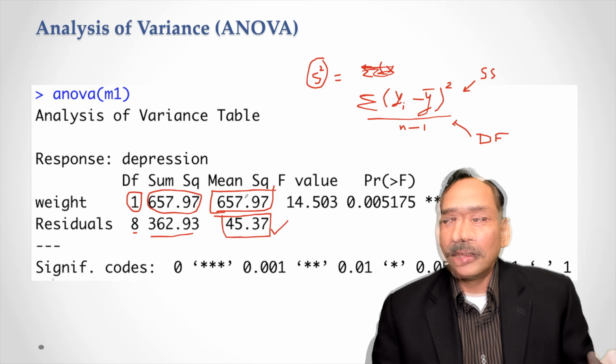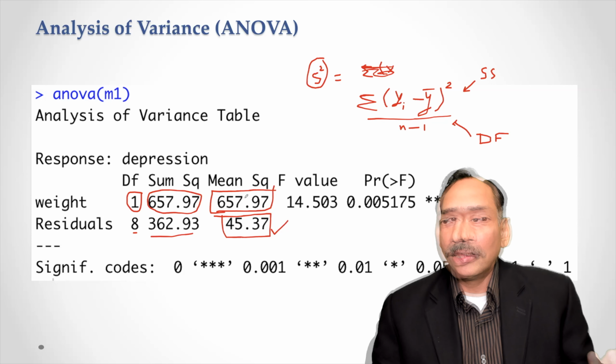So how do we calculate coefficient of determination R square? R square is nothing but SSR, sum of squares due to regression, divided by SST. So if you go back to this ANOVA, if you divide this 657.97 by total of this column, that will give you R square. So if you plug in the values, you get 0.64.